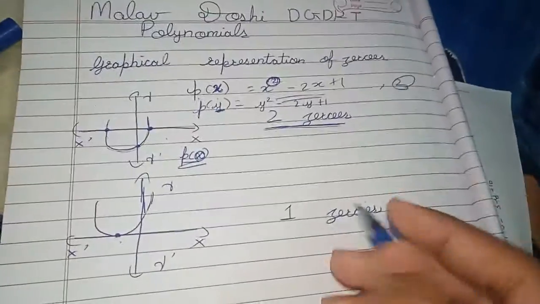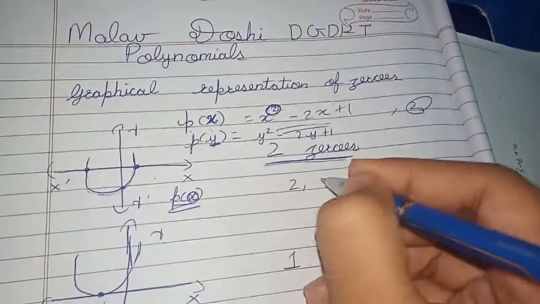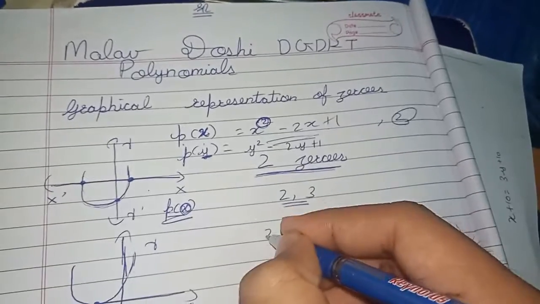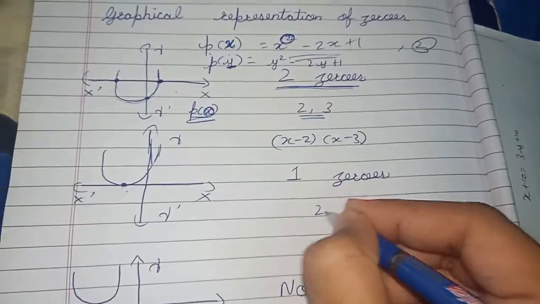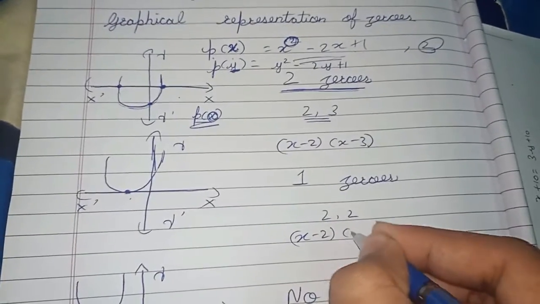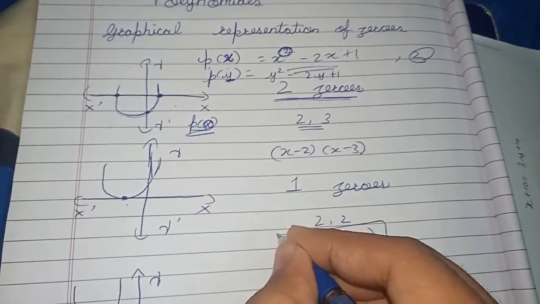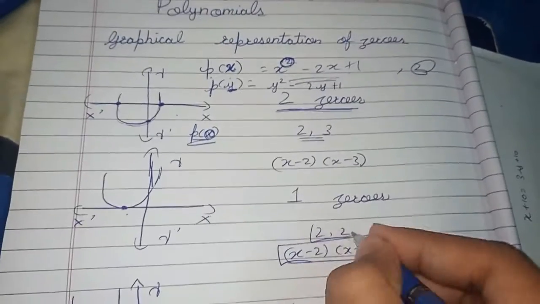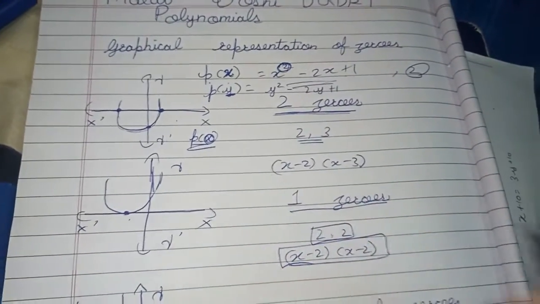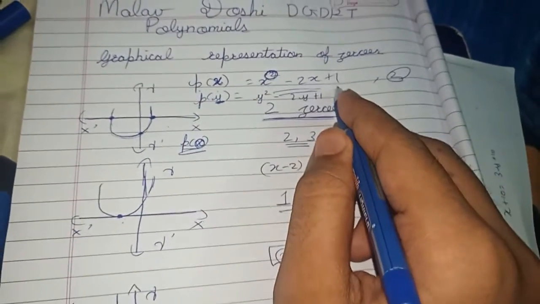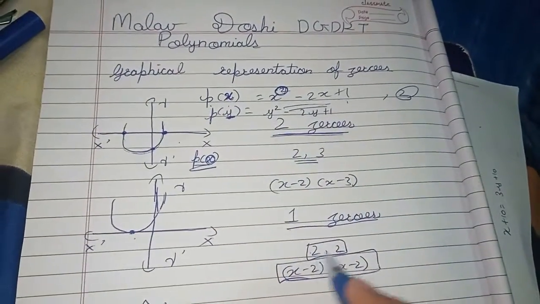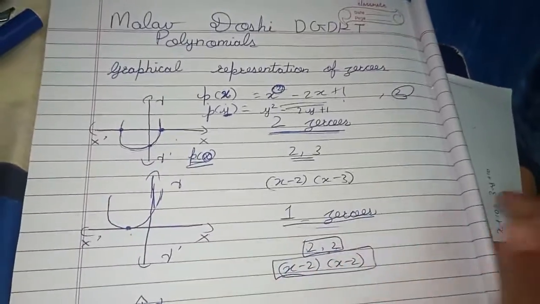For example, if we have roots 2 and 3, then the factors would be x minus 2 and x minus 3. But here both roots are the same, so in short, it is a squared form. The 2 roots are equal, therefore there would be only one zero, which makes this polynomial 0. Since both roots are equal, there is only one real zero.